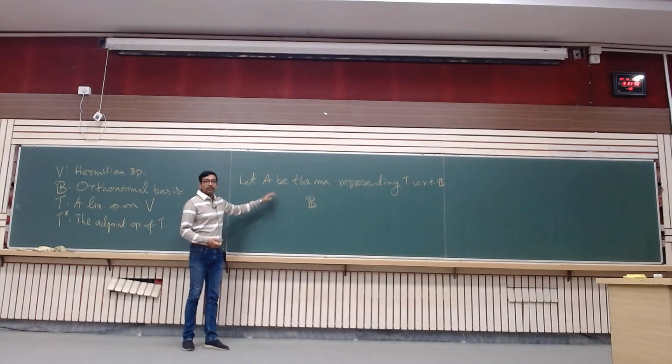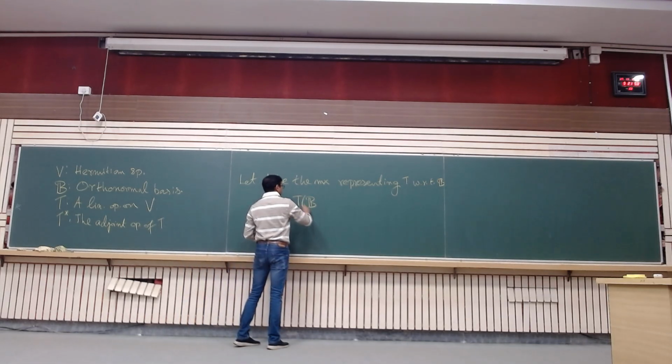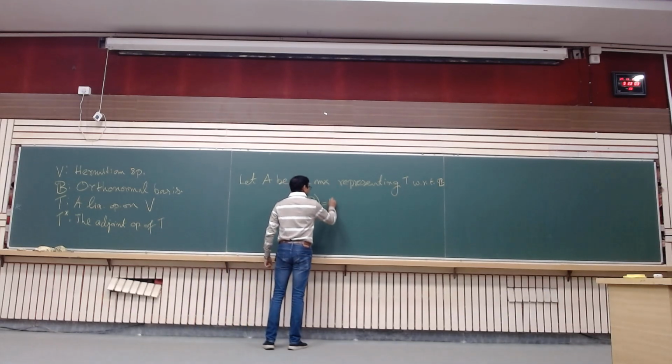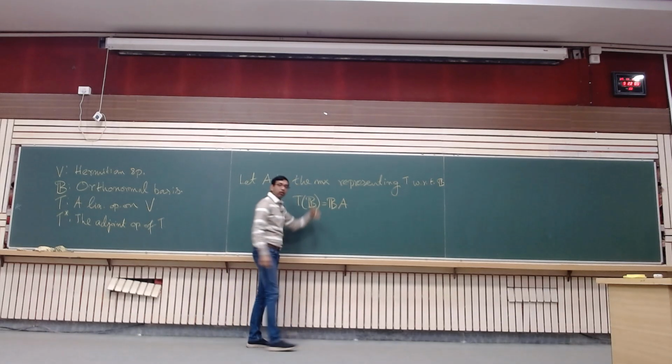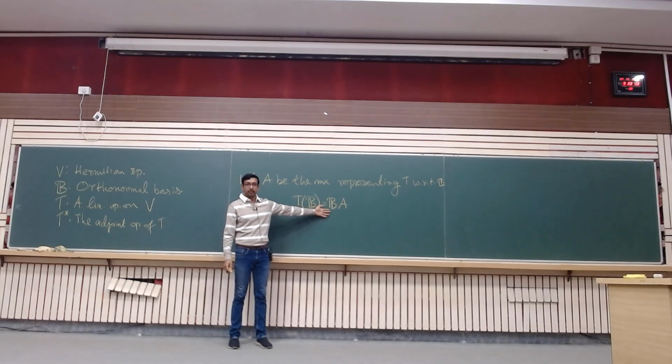So, A is the linear combinations of the basis elements, the coefficients. How do you write that? TB equal to BA. The columns are giving you the coefficients which express the images of the basis in terms of the basis itself. Do you recall this?